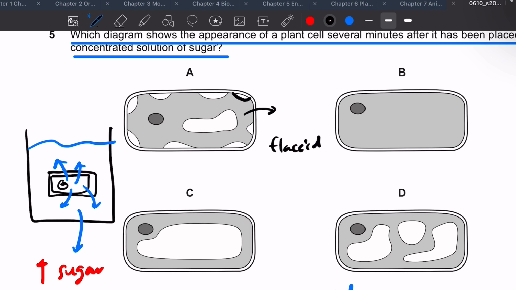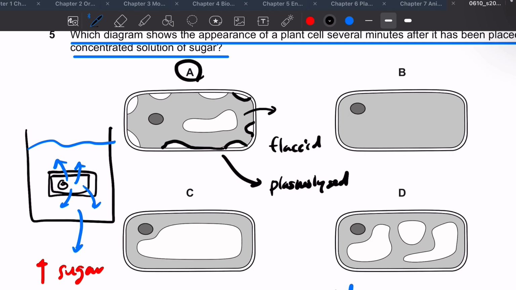But when it loses a lot of water, then its membrane will shrink. For plants, we actually call it plasmolysed. So I would say A is the plasmolysed form of the plant cell.